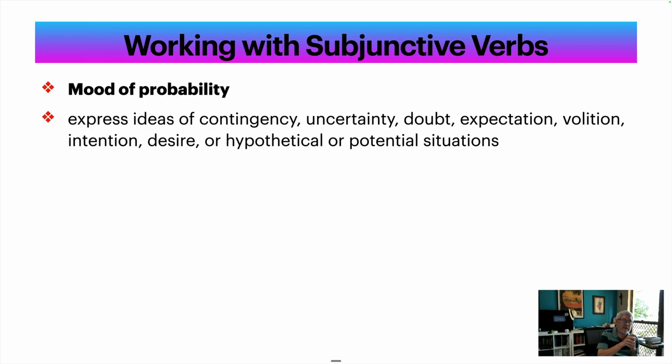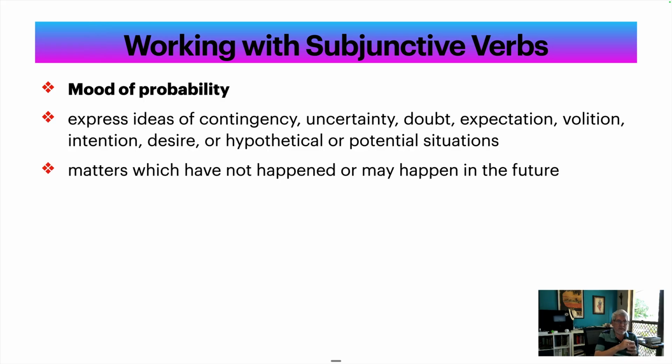In other words, it's not actually happening, but we'd like it to, or we're worried that it might, or we think it might be a consequence of, or it needs to be done in order for something else to happen. So it's to do with things which may not have happened or may happen in the future, rather than the indicative sense of the action. Again, these are things that are uncertain but probable.